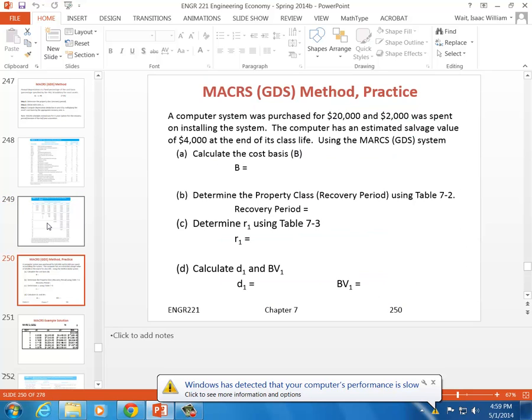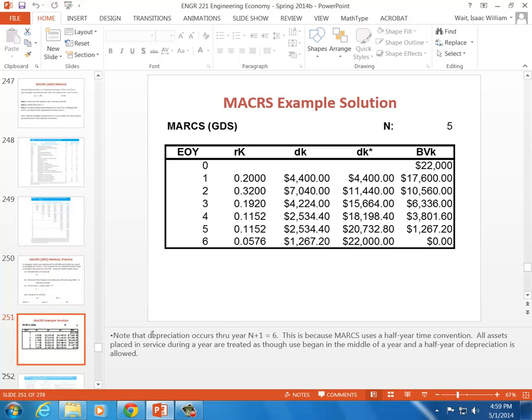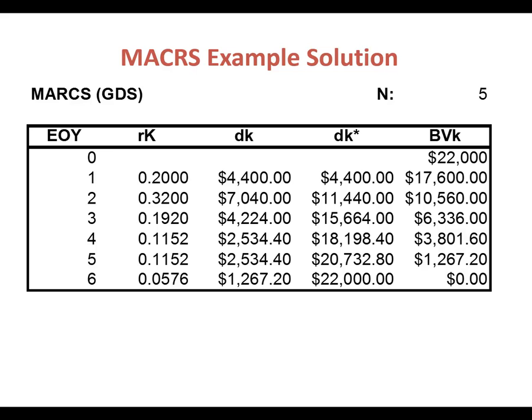is simply going to be this original cost basis times the amount that's shown from the table. So you can see that we had an original book value of the $22,000, and according to GDS, even though we know from experience that the salvage is supposed to be this $4,000, that's the real world salvage value of it, it doesn't matter.